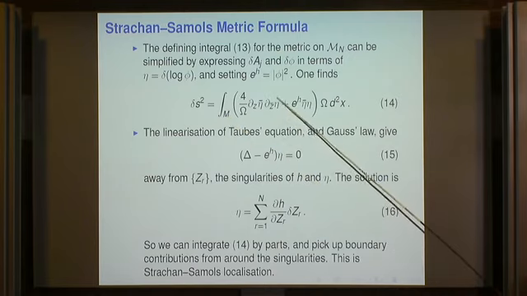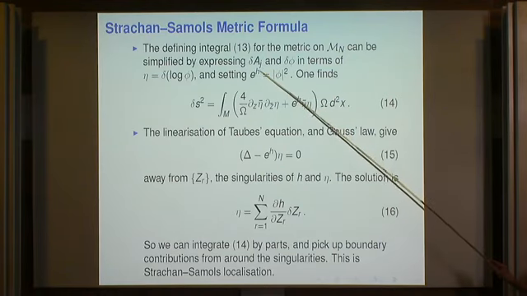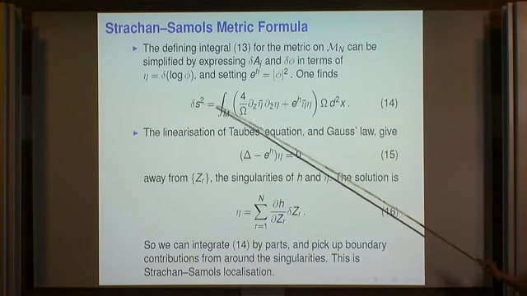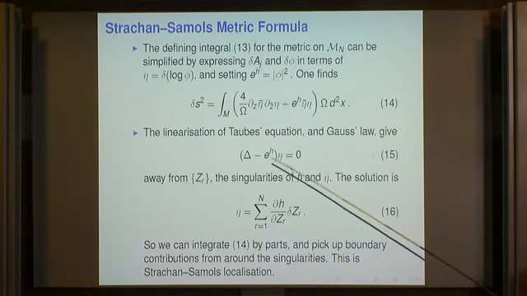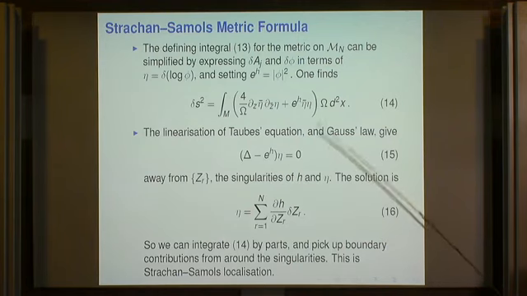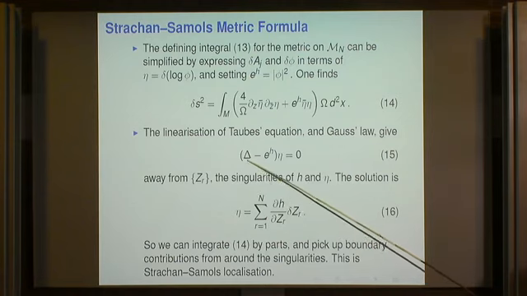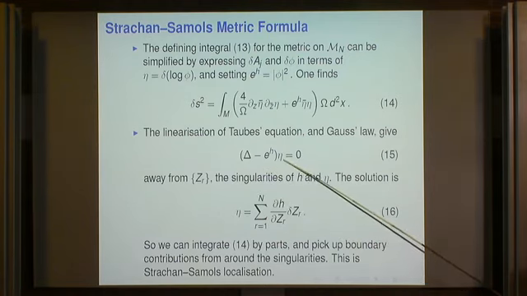But now this eta is a tangent vector to the moduli space, so it obeys the linearization of the Taubes equation. Because mod phi, h obeys the Taubes equation, so this eta obeys some linearization of that. And here's the linearization of the Taubes equation, actually combined with Gauss's law, is important physically. And you get this nice linear equation that eta satisfies.